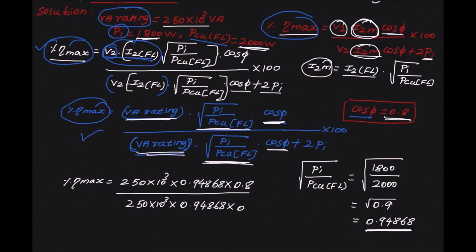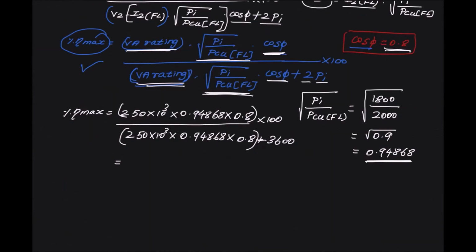Cos phi is given as 0.8. Divided by VA rating, 250 into 10 power 3, into 0.94868 into cos phi, 0.8, plus 2 into Pi. Pi is nothing but the iron loss, which is 1800. So 2 into 1800 is 3600, into 100.